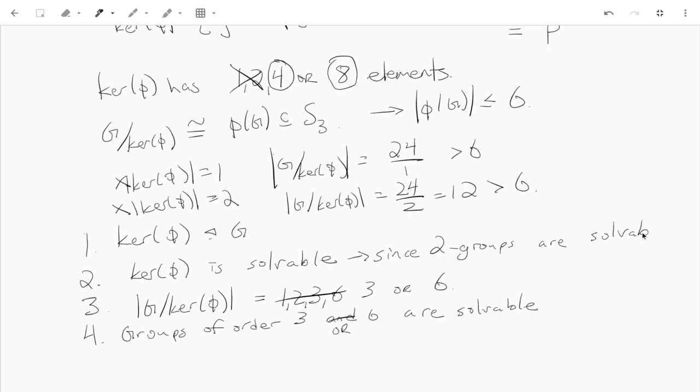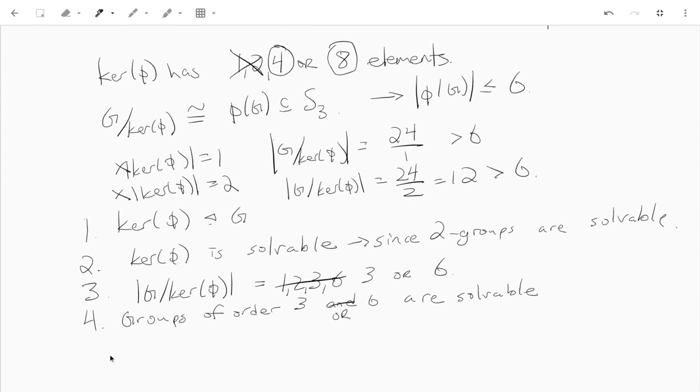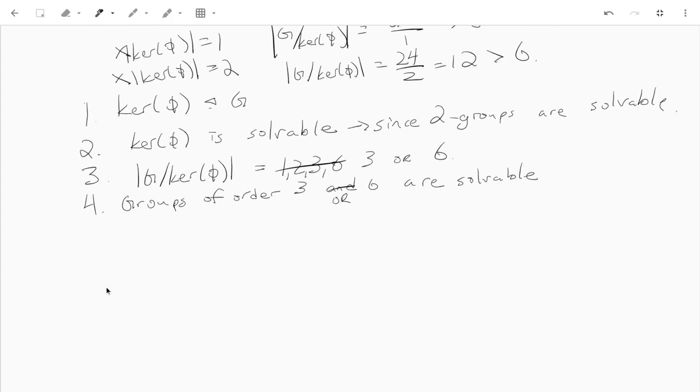To see that a group of order 6 is solvable is not too hard, so let me add that on to the end after I finish this argument. So now we know that the kernel of phi and G mod the kernel of phi are solvable. So G is solvable.